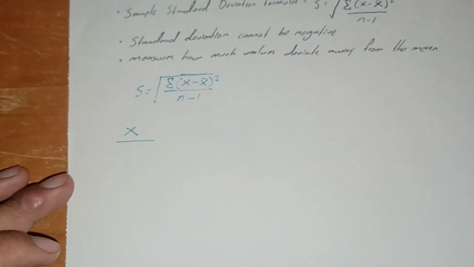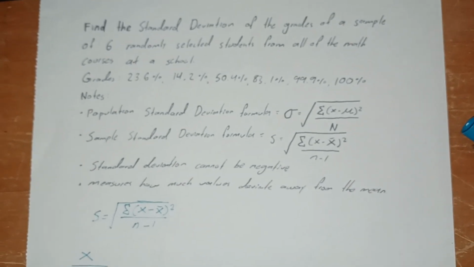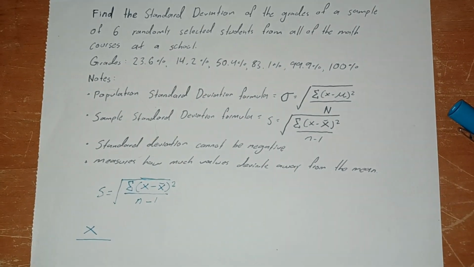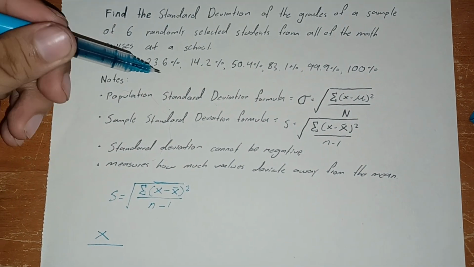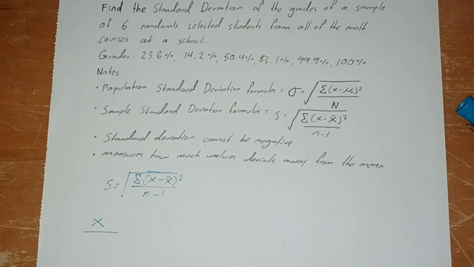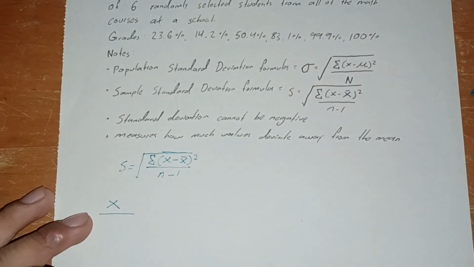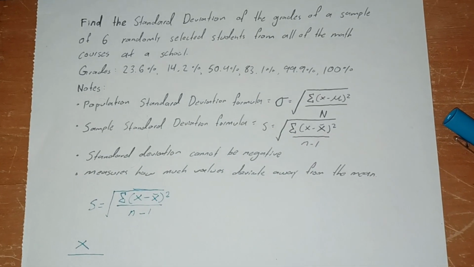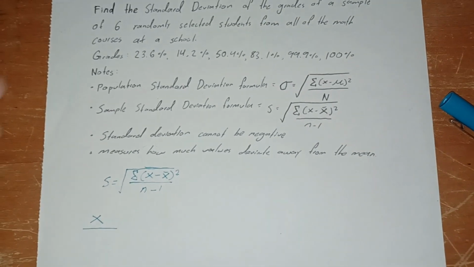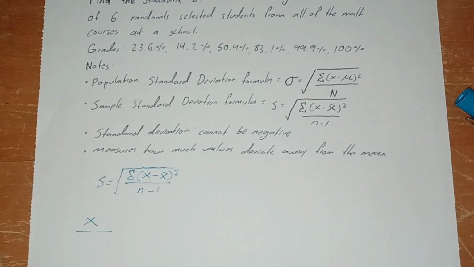So let us write down our x values. What are the x values? The x values are the grades of the students, 23.6 all the way to 100%. We're not going to convert these to decimals. We're just going to put them like that for this example. The order does not matter, so let's go ahead and do that right now.